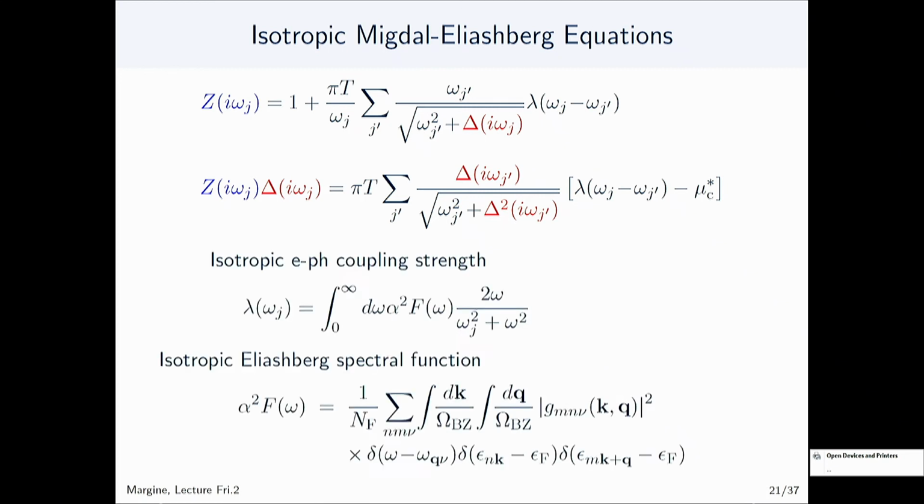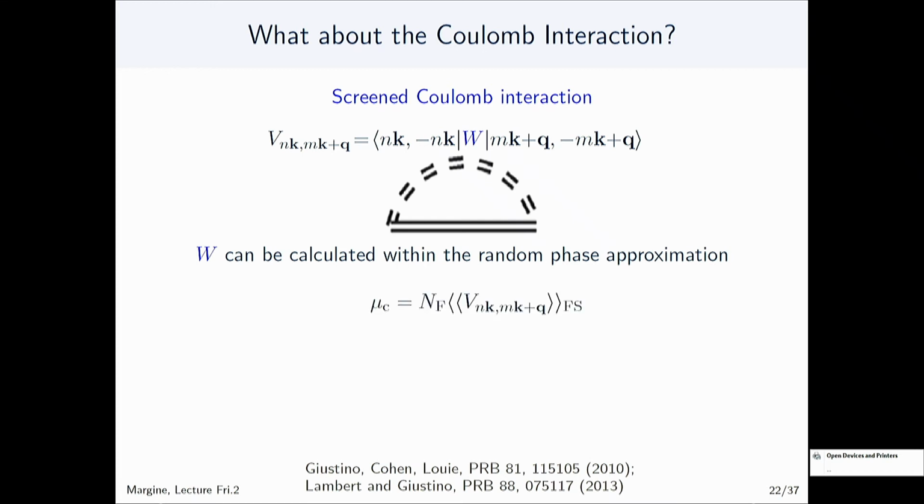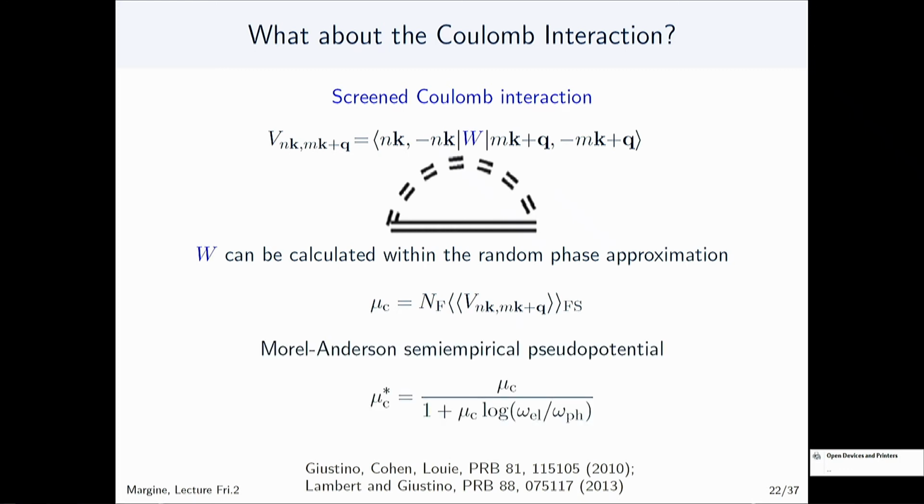But in principle, this can be calculated ab initio, because the screened Coulomb interaction can be calculated within the random phase approximation. So once we have this matrix element, we can do a double average over the Fermi surface, and we can calculate mu, and then the mu star can be defined in the Morel-Anderson model, and it has this expression.